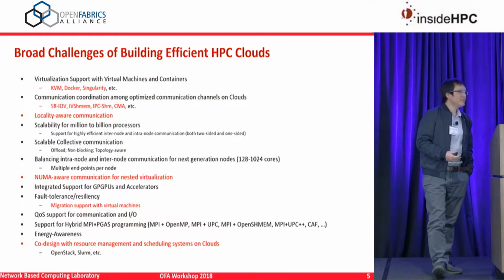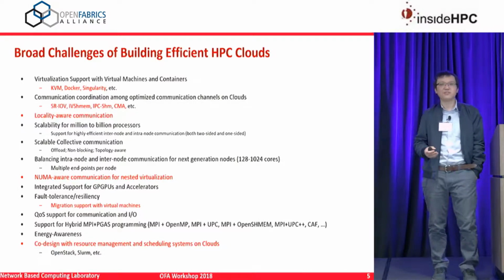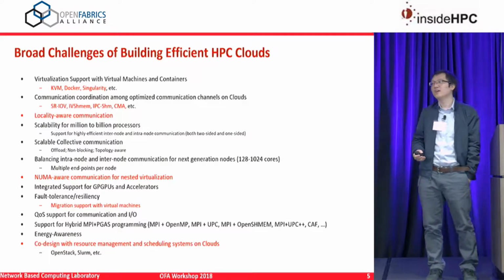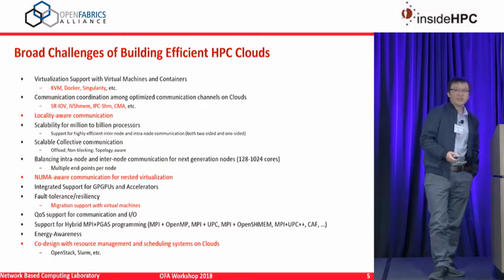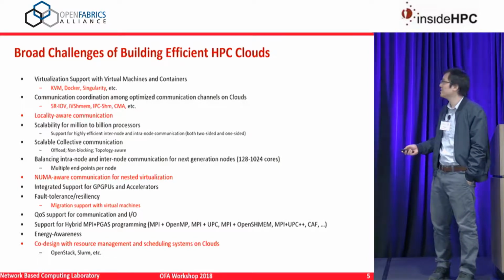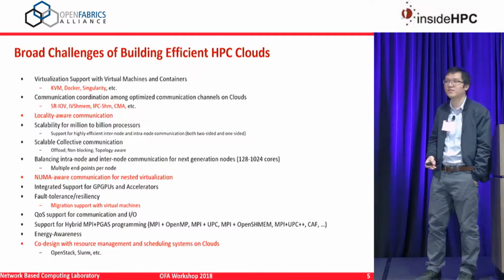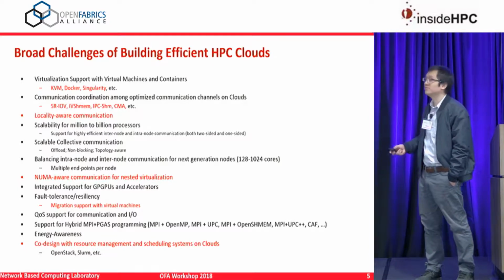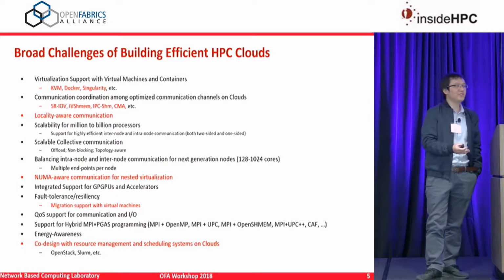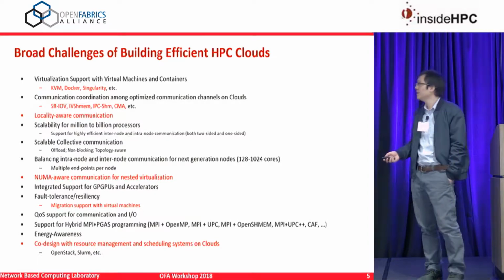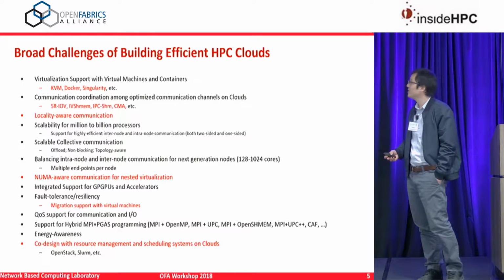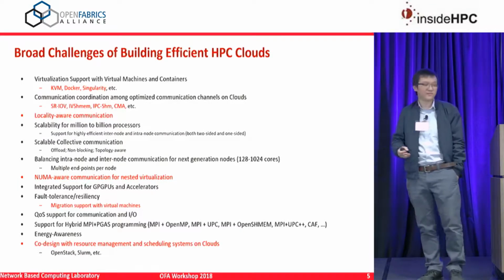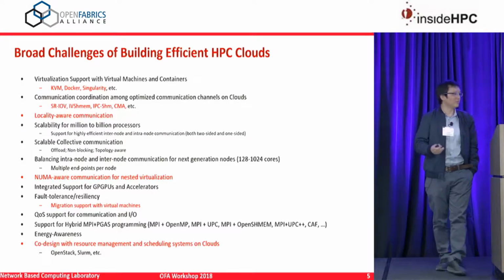Now the question is, what kind of broad challenges are there, even if you have this type of newer network features and hardware support? Here we just list some of them. The red ones are something I want to cover in this talk. For example, how to support both virtual machines as well as containers. And then mechanisms like SR-IOV, IVSHMEM, IPC, CMA, we also want to introduce and show how to utilize them.